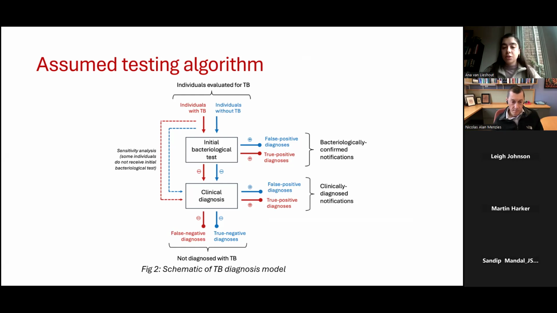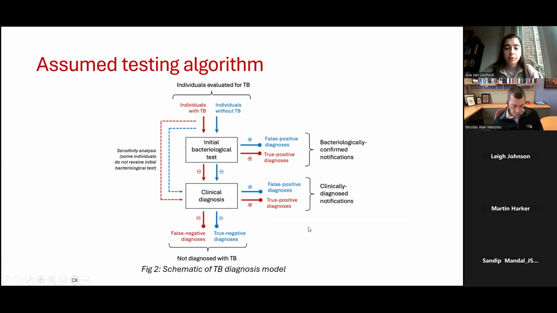They will receive an initial bacteriological test. So this might be a smear microscopy, but it also could be any RDT. And if you get a positive diagnosis, that's kind of where the algorithm would end. So you would be considered a bacteriologically confirmed notification, right? You're positive for TB at that point. If you are negative for TB, you will be clinically evaluated.